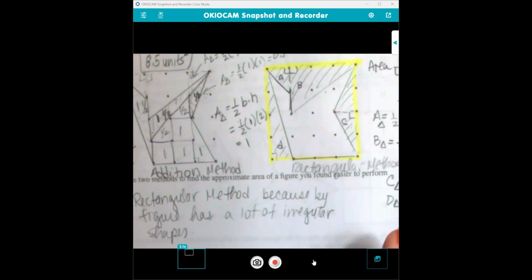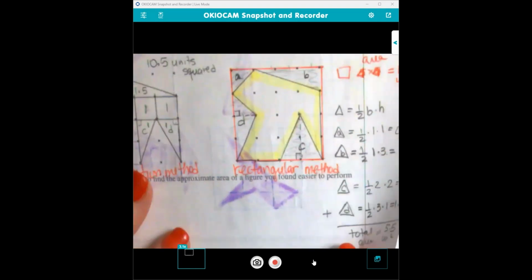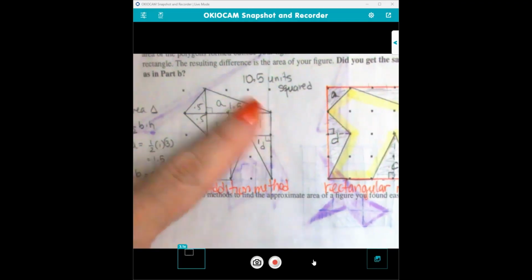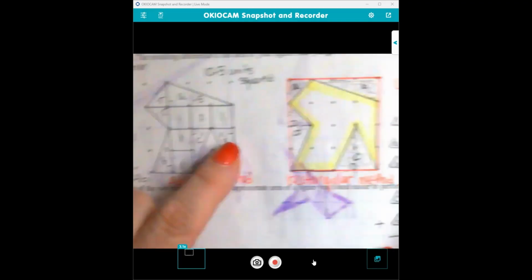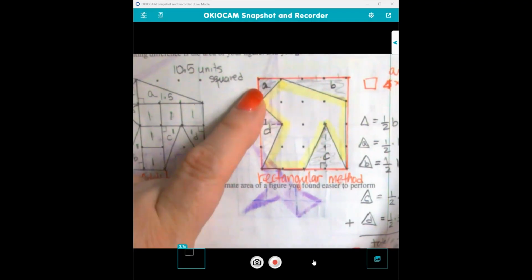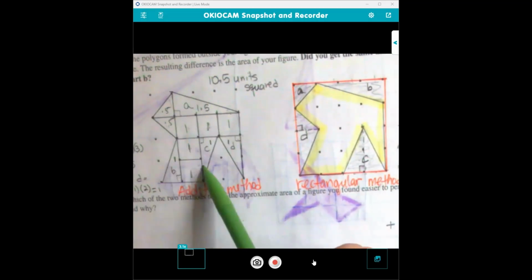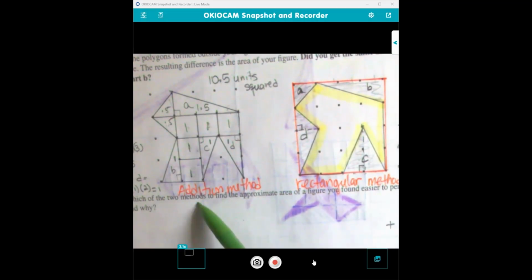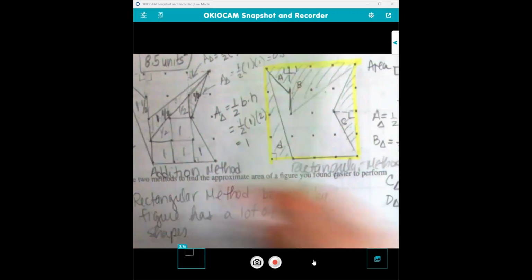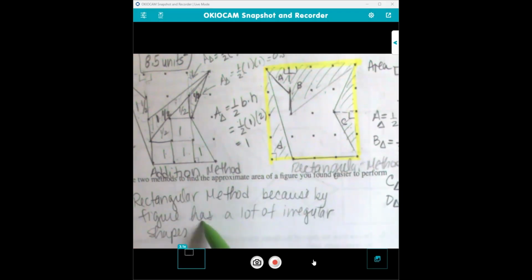But for example, this one, I would have rather used that one because this was really easy to add than trying to find the heights, even though this is not complicated either. For this figure specifically, I would have done the addition method. But for the one that I have here, definitely I would do the rectangular method because my figure has a very irregular shape. So it's hard to determine what shape you have. I hope that makes sense, okay?